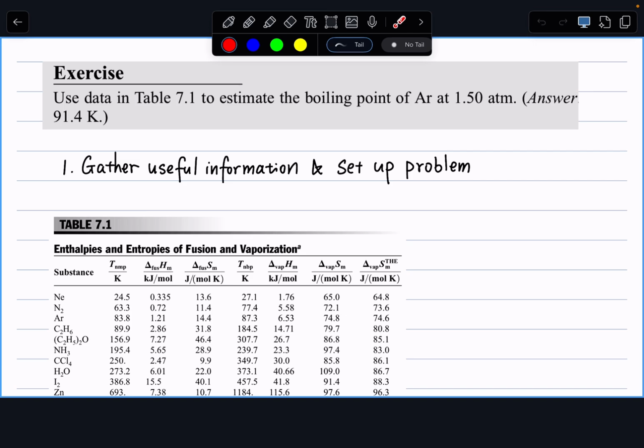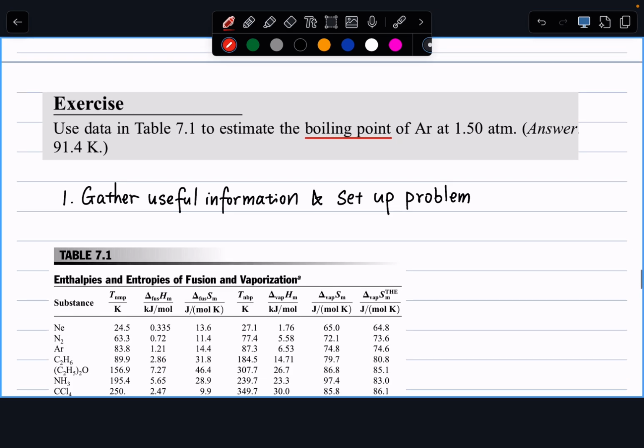So the question says use the data in table 7.1, so the data is provided, and asks you to estimate the boiling point of argon at 1.5 atm. Reading the question, the phrase boiling point tells us we're looking at a liquid-vapor phase transfer.